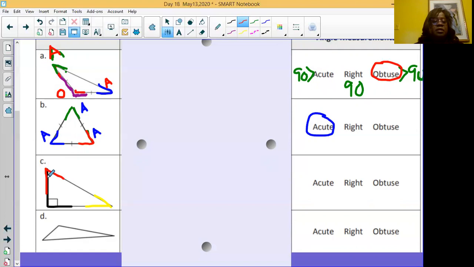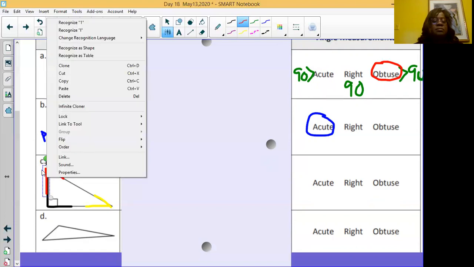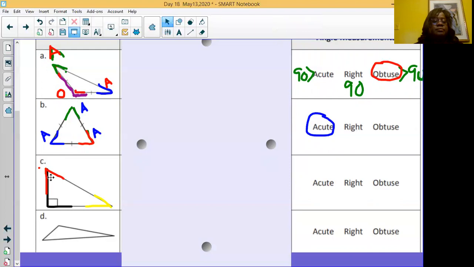I have a red angle right here. I have the yellow angle right here. And the black angle. Uh-oh, what can I do in the black angle?